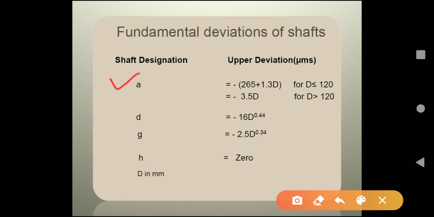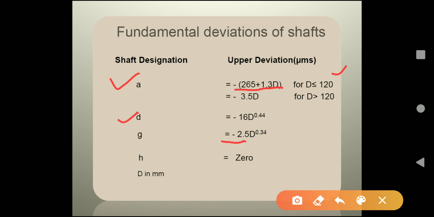For small a, the upper deviation is calculated for diameter greater than or equal to 120 mm, that is minus 256 plus 1.3D, that is 1.3 times D, where capital D shows the range of diameter. Here for small d it is given minus 16 D raised to 0.44.